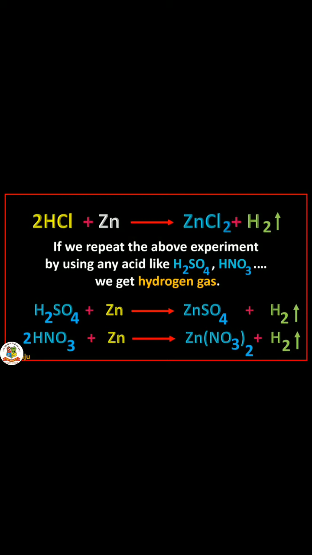If we repeat the above experiment using any acids like sulfuric acid, nitric acid, etc., we get hydrogen gas. From the above activity, we can conclude that when acid reacts with metal, hydrogen gas is evolved.